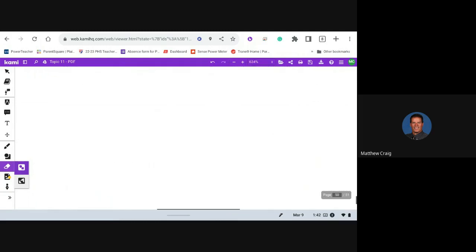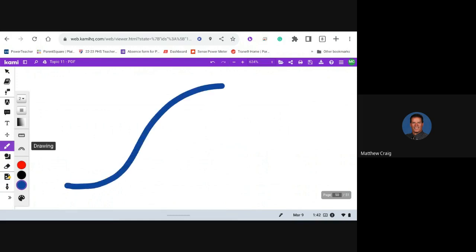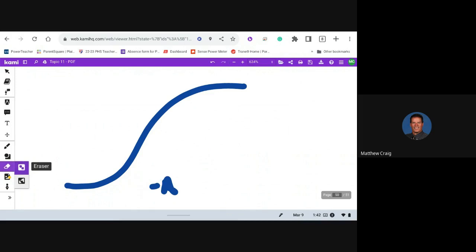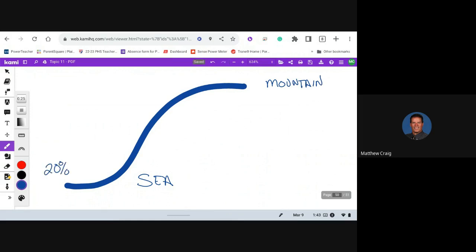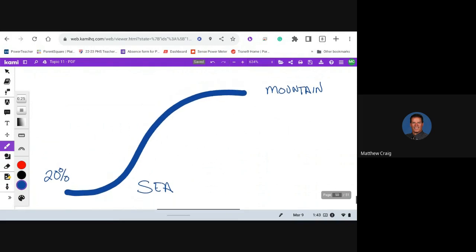We always like fun facts. If we are here at sea level, so the percent of oxygen is around 20% at sea level. What do you think the percent of oxygen is at the top of the mountain? 20%.